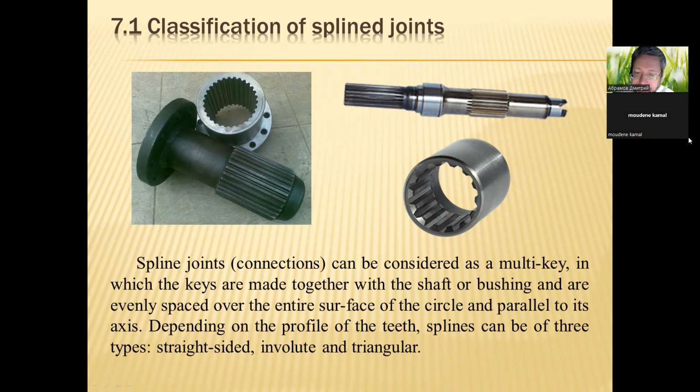Depending on the profile of the teeth, splines can be of three types: straight-sided, involute, and triangular.